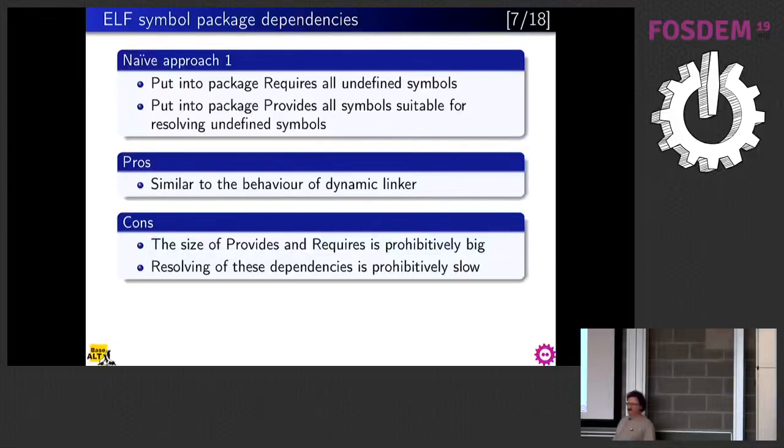Because it's really impossible to implement a dynamic linker in a dependency solver, because it's really complex, and any attempt will be a simplification, but it's more or less how it works. But the size of these provides and requires will be prohibitively big, and resolving all this stuff will be too slow to be acceptable.